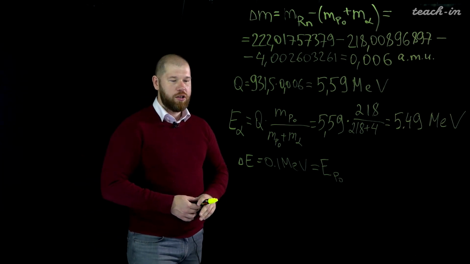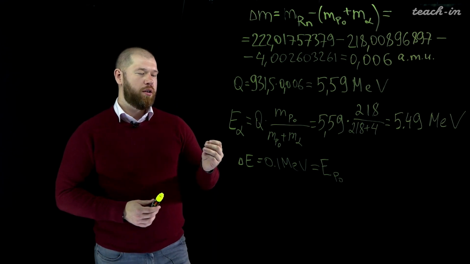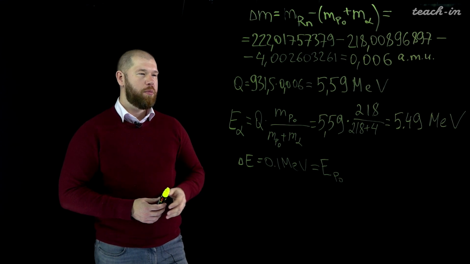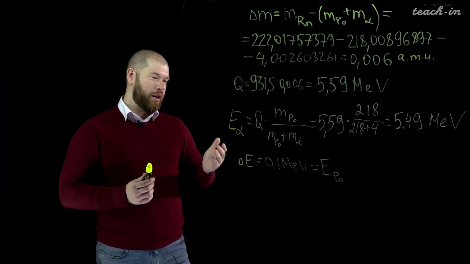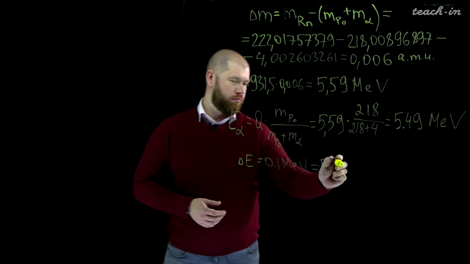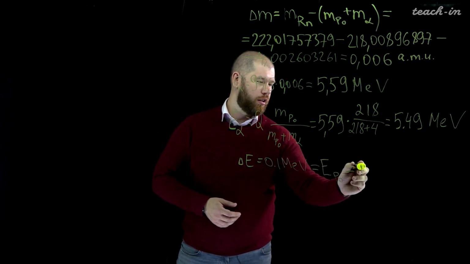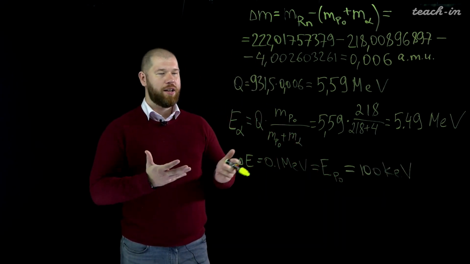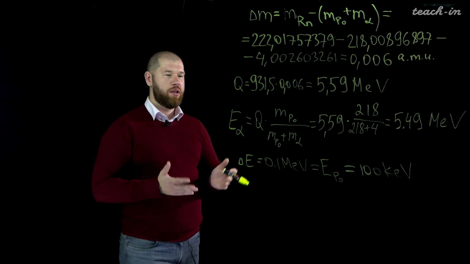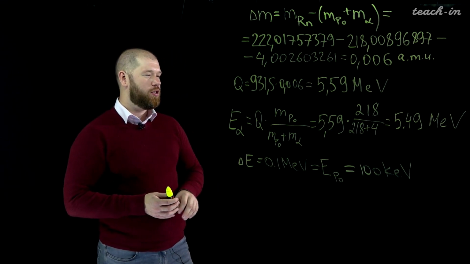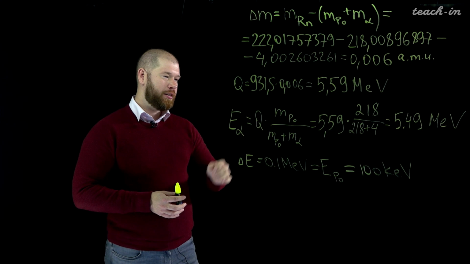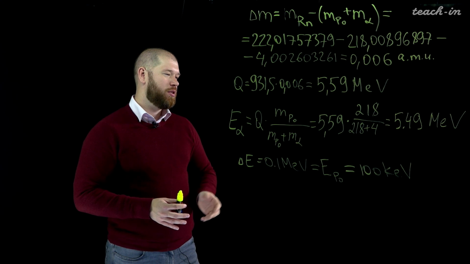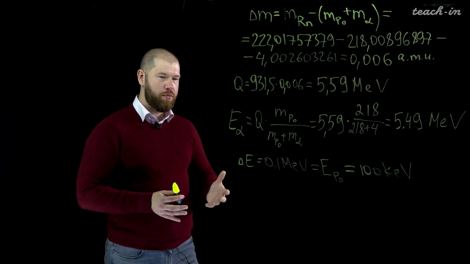And again, it is important to remember that the energy of the recoil nucleus in the case of alpha particles is very high. So it is 0.1 mega electron volts. It's 100 kilo electron volts. And again, we should remember that the energy of chemical bonds is just a few electron volts. Thus, the energy of the recoil nucleus is 1,000 times more than the energy of chemical bonds.